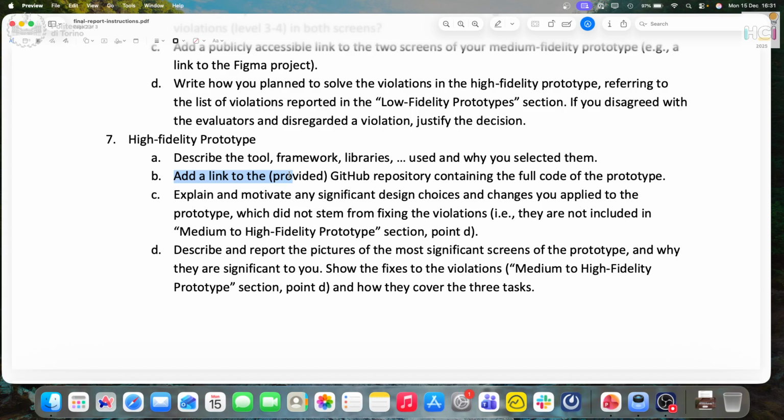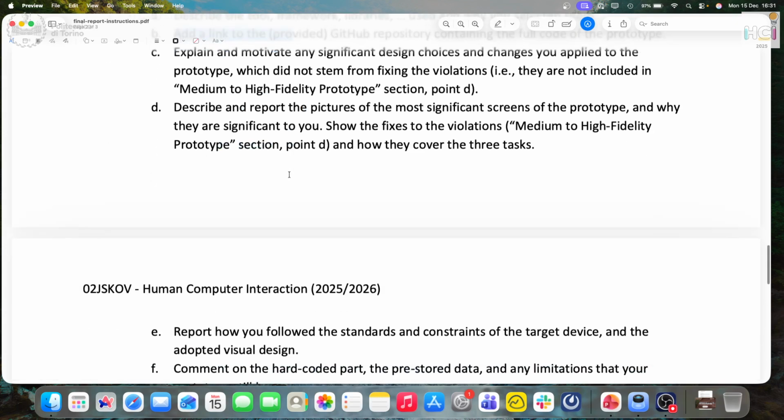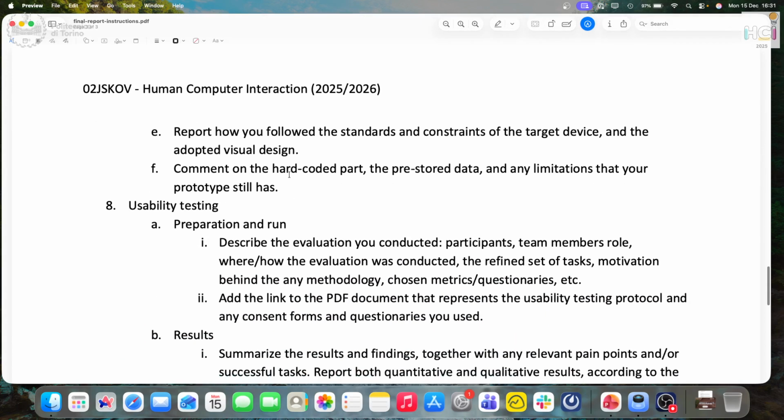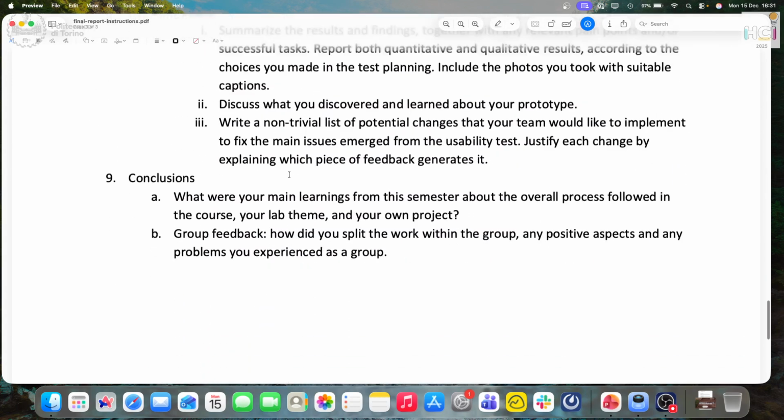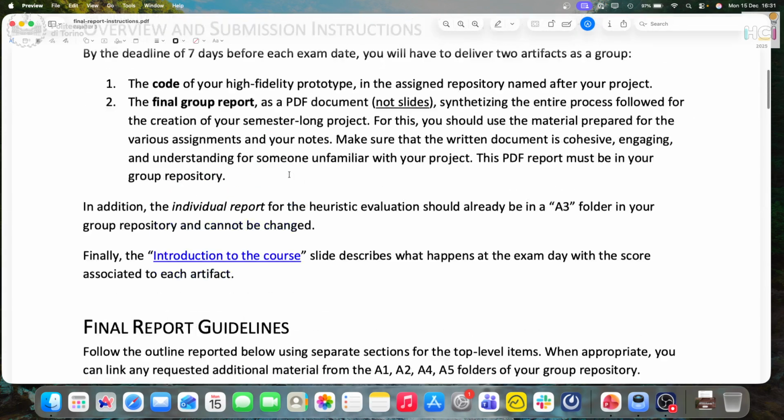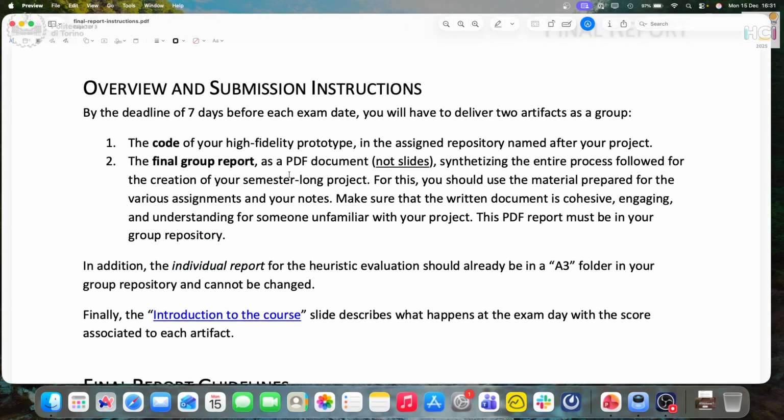And I'm making this clarification because, of course, it happened multiple times that including doesn't mean for everyone including. So I want to make it clear that including means putting inside. Okay? So this is the report that you have to prepare and submit by 7 days before each exam date.